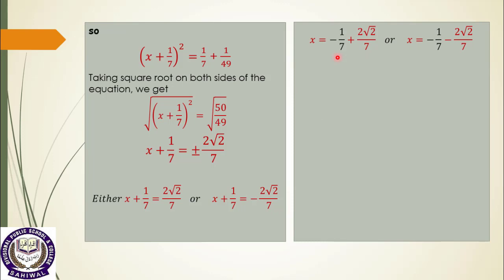Then, solving these equations for the value of x, we get x = (−1 + 2√2)/7 or x = (−1 − 2√2)/7. These values of x can be obtained by taking the LCM.